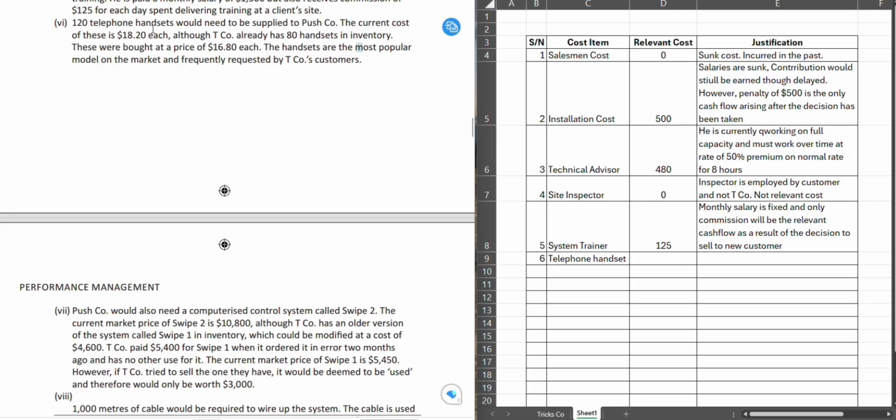Okay, so 120 is required. Do we have it in inventory? We have 80. We need to buy 40. That is currently sold at 18.2. The one we currently have in stock, do we need it? Yes, we need it because it is frequently requested by TICO's customers. So without this decision, we will be requiring those inventory. They are not waste.